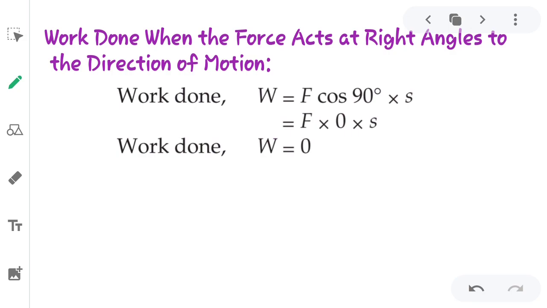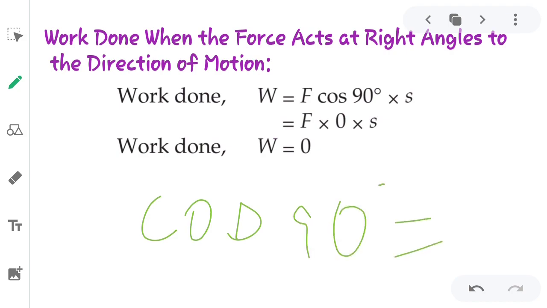For now I will tell you that cos 90 degree is equal to 0. So as we will have 0 here, the total work done will become 0 by itself.